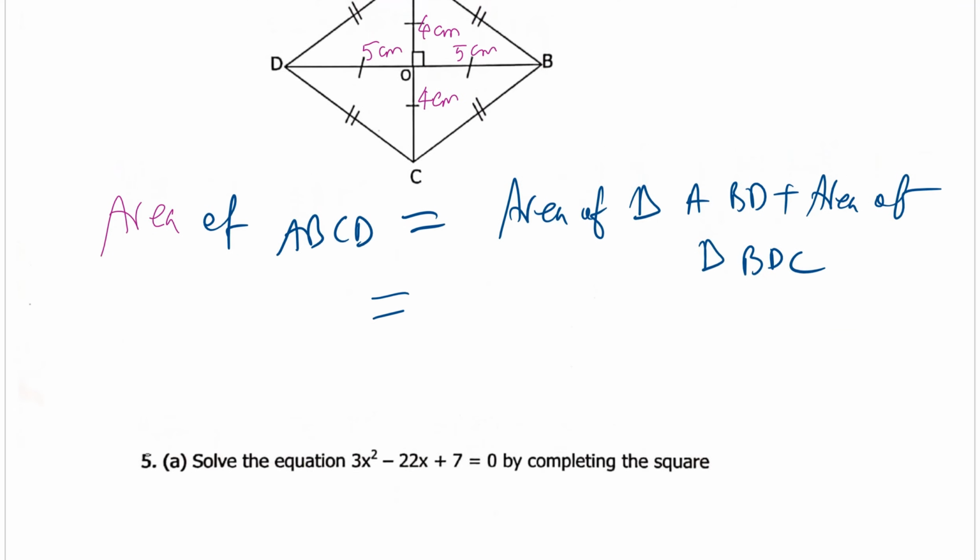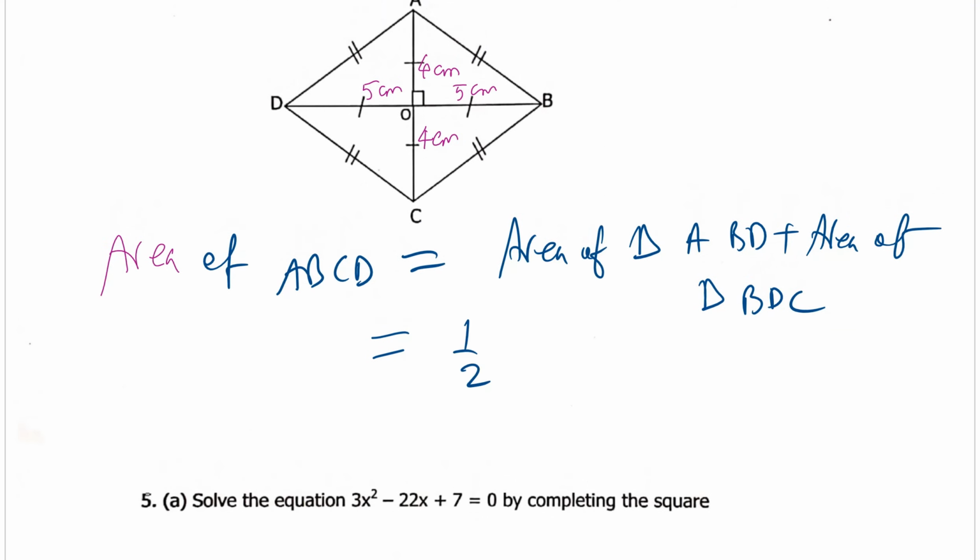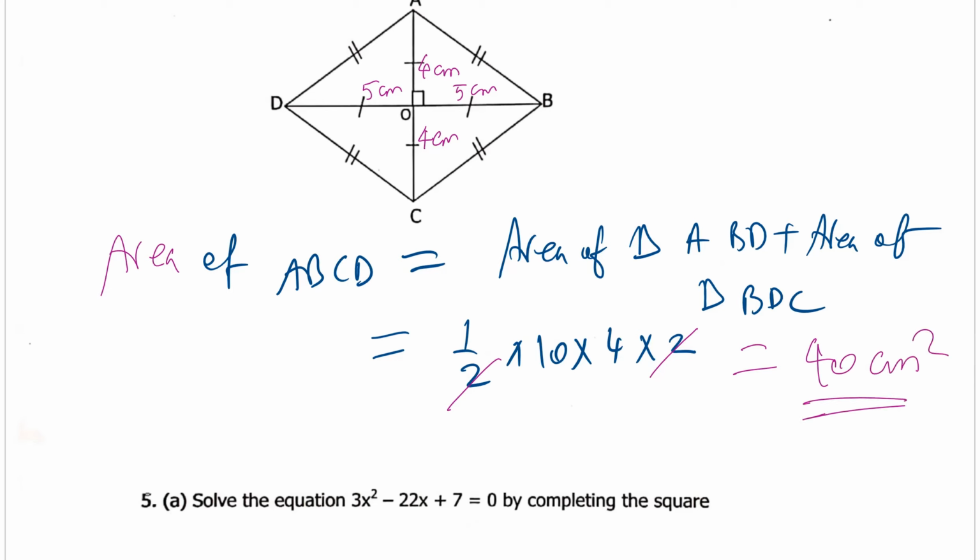The area will be equal to a half times 10 times 4. We just multiply by 2 because those two triangles are equal, and the result is 40 centimeters squared. Therefore, the area of ABCD is 40 centimeters squared.